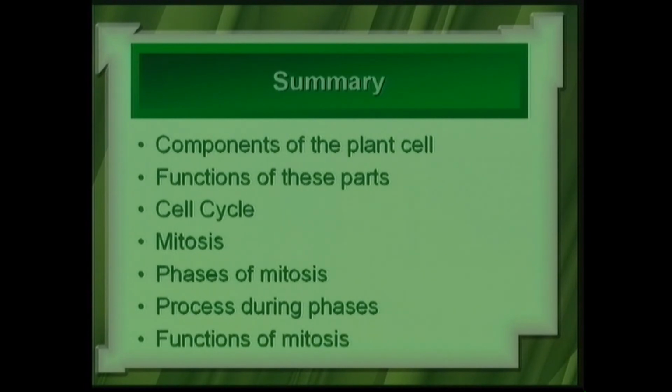Okay. We also talked about the functions of mitosis, including growth, which pretty much all living things do. Recall that when we talked about this before, everything that's alive has a capacity to grow. Remember that growth is an irreversible increase in size. So the functions of mitosis include growth, which all living things can do.